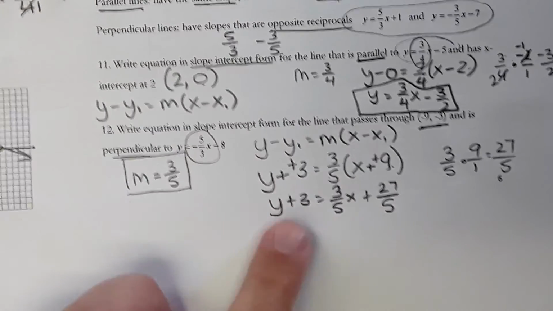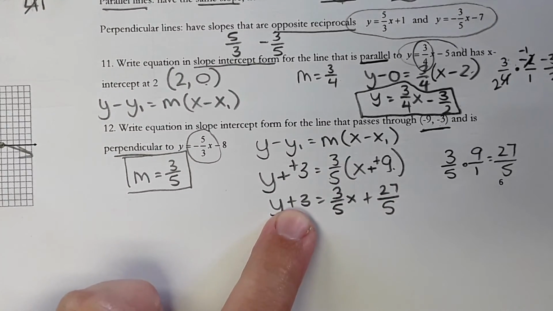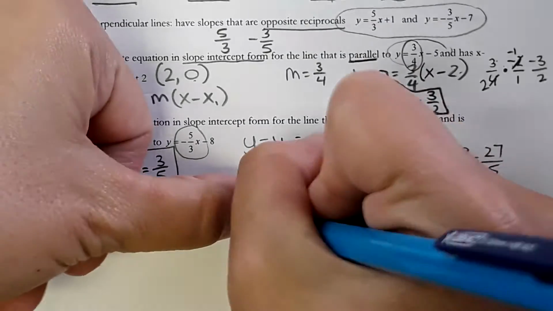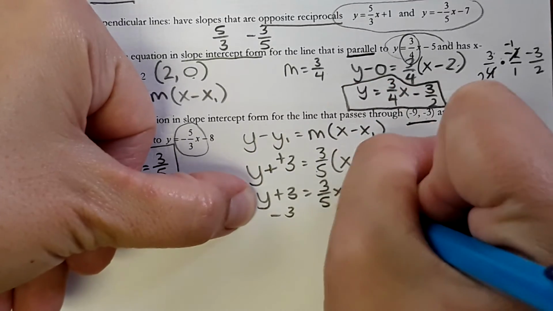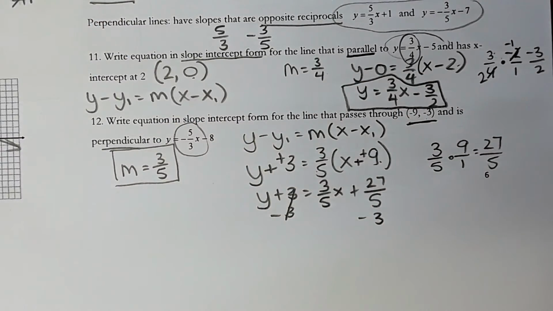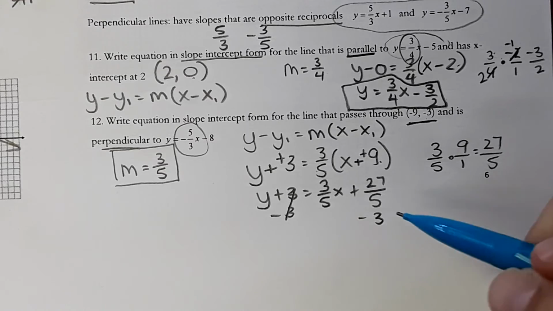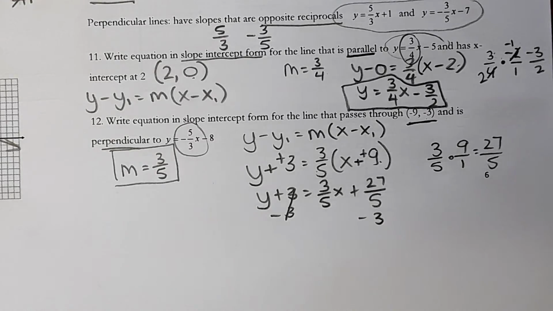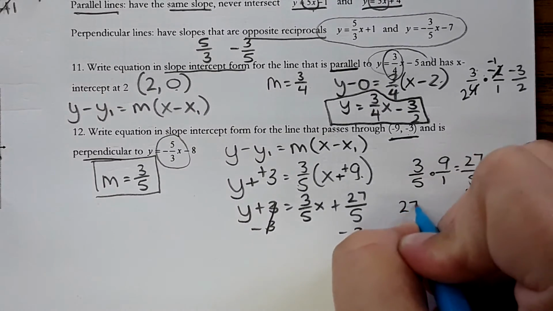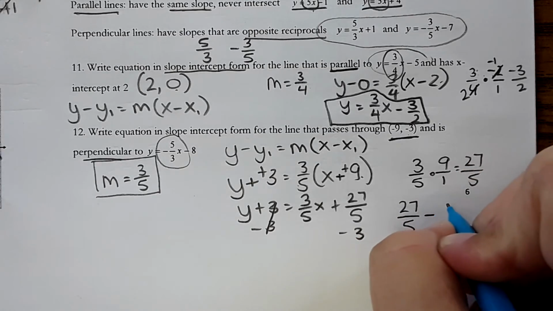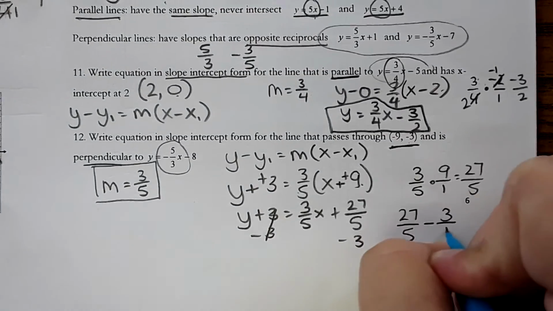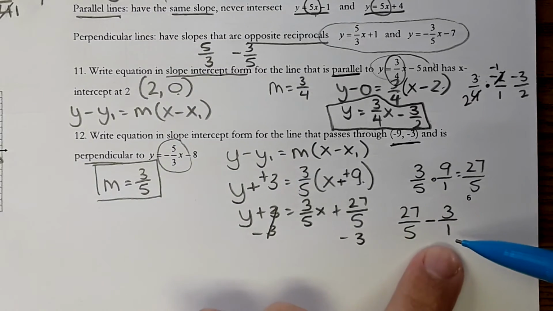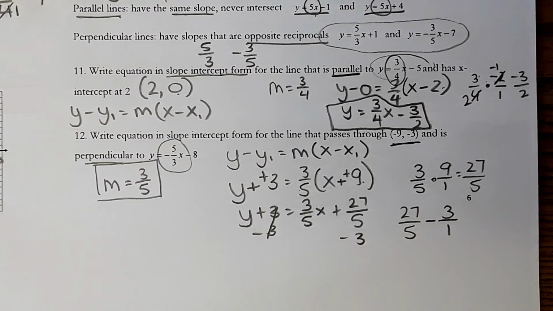It's looking close, but we have a 3 over here. We have to get this over here. So subtract a 3 from both sides. We have 27/5 minus 3. So 3 over 1. When subtracting fractions, we need a common denominator.